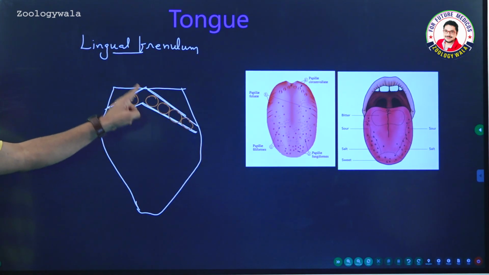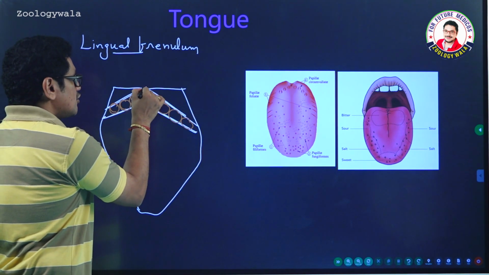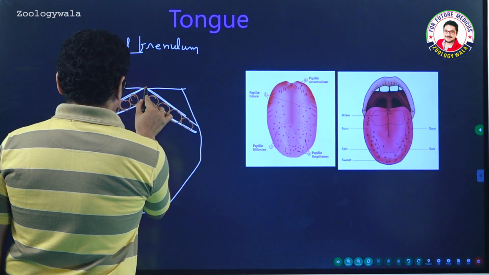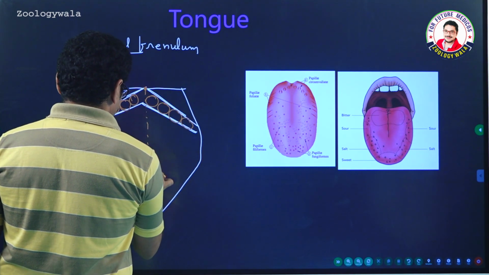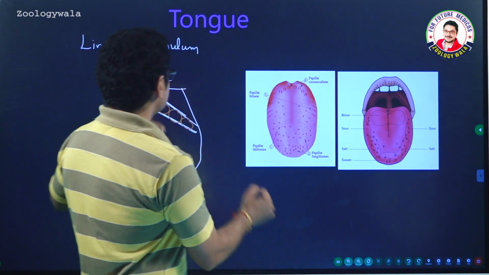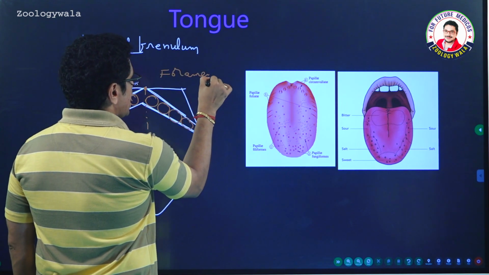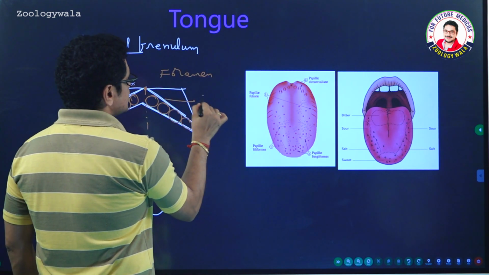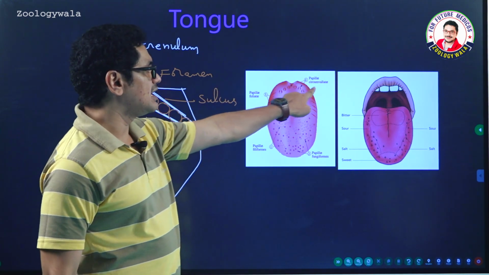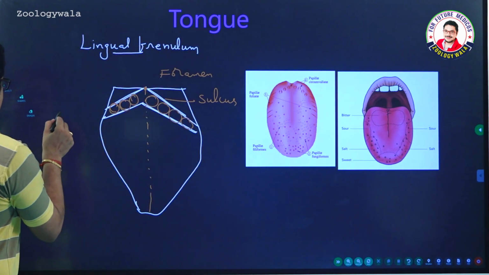This structure is called the sulcus terminalis, and here there is an opening called the foramen cecum. This is the mid portion, the dotted portion, which divides the tongue into right and left parts. So this is the foramen cecum, and this is the sulcus terminalis, and this portion contains a number of papillae called circumvallate papillae, and each circumvallate papilla contains taste buds.